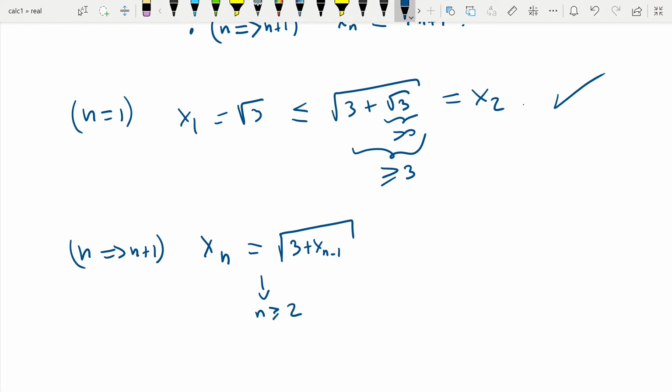We already proved the case n equals 1. And so this is certainly less than or equal to the square root of 3 plus xn, which is equal to xn plus 1. And why do we have this inequality here? Because xn minus 1 is less than or equal to xn.